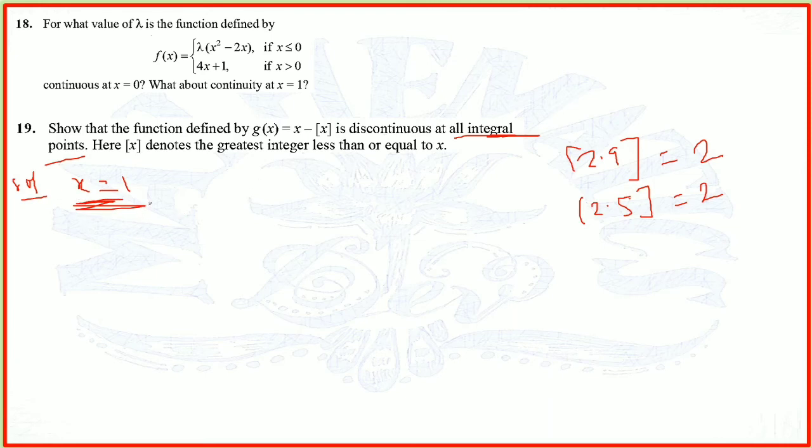So taking the left hand limit at x is equal to 1, what will happen, limit h tends to 0, f of 0 minus h for the left hand limit, where h is a very small quantity, and we will replace the variable in the function.